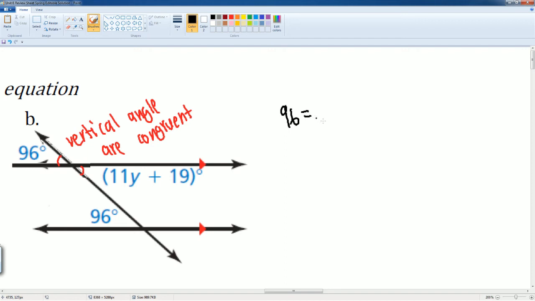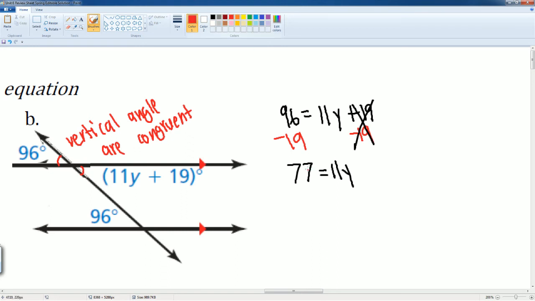Therefore, we can set up the equation. 96 is equal to 11y plus 19. We can subtract 19 from both sides. 96 minus 19 is equal to 77, which is equal to 11y. This cancels out.